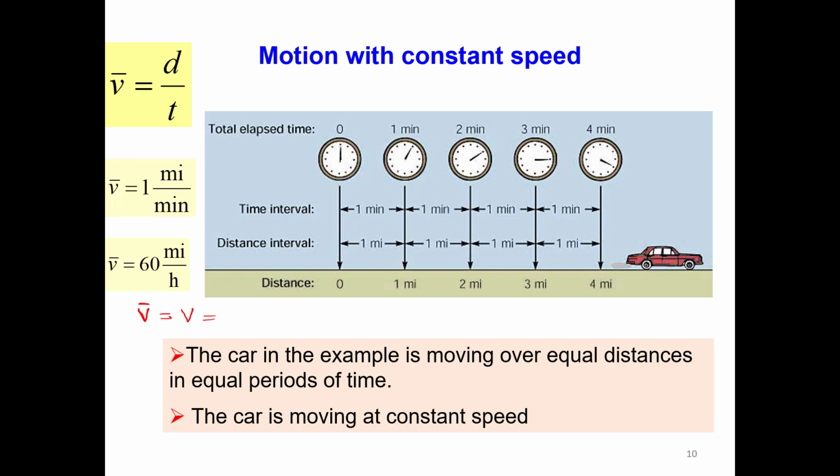Then sometimes in the books you will see that if the speed is constant, you don't need this bar. Why? Because it's always the same. Then it's 1 mile per minute. Yes. Then the average speed equals a constant value.